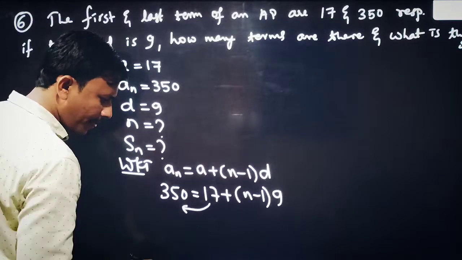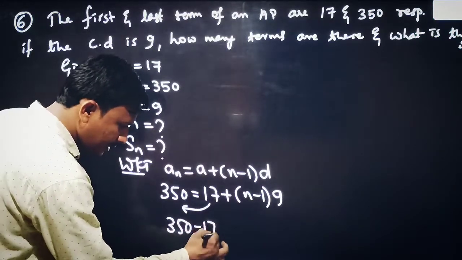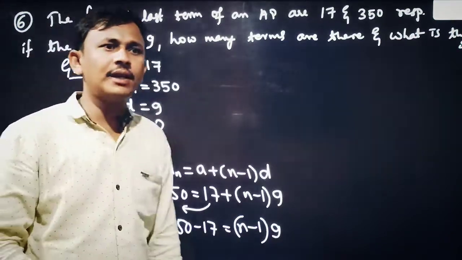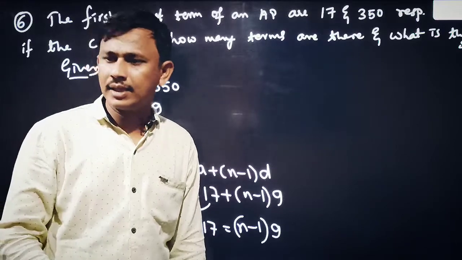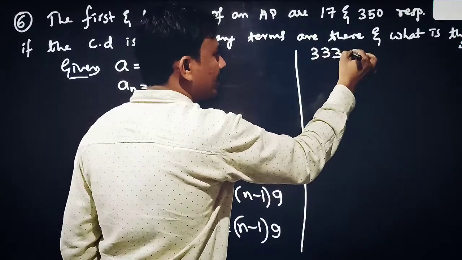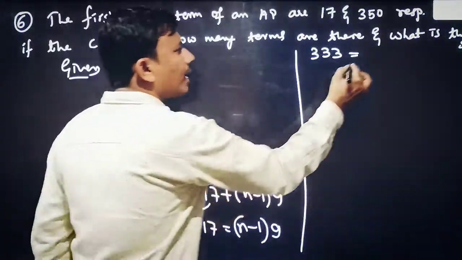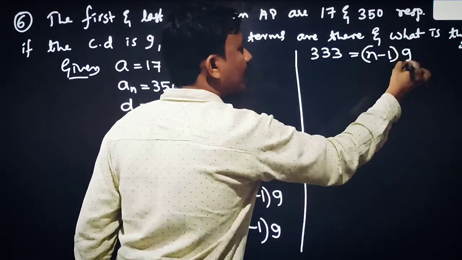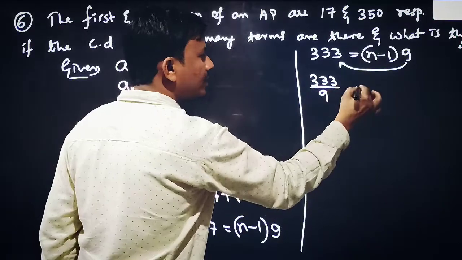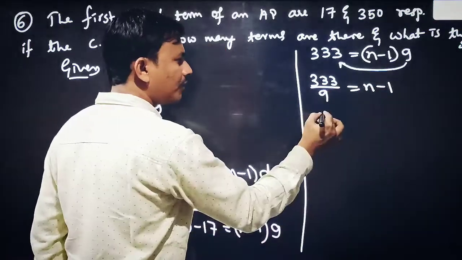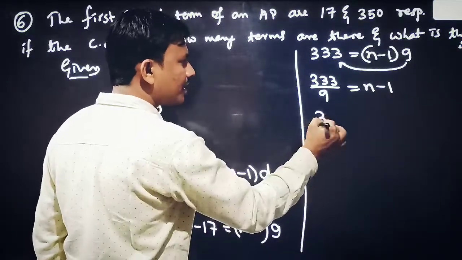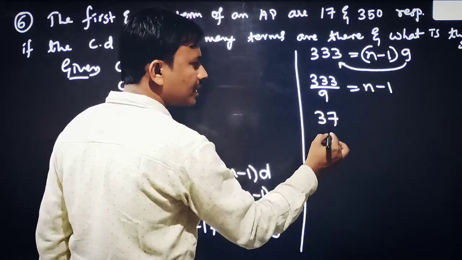Plus 17 becomes minus: 350 minus 17 is equal to n minus 1 into 9. 350 minus 17 is 333, equal to n minus 1 into 9. Into 9 will become divide. 333 divided by 9 is equal to n minus 1. 9 fours are 36, 9 threes are 27, 63, 9 sevens are 63.